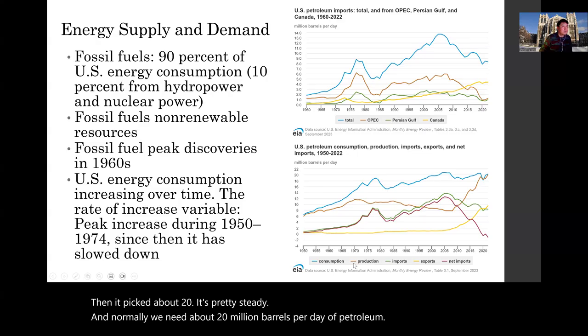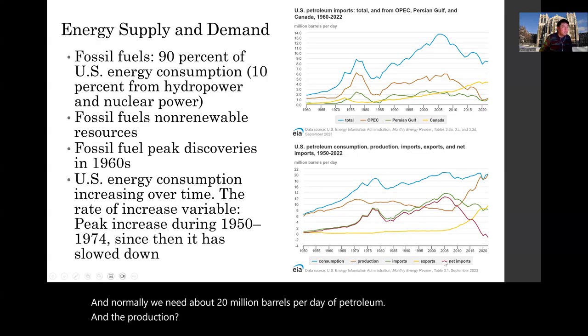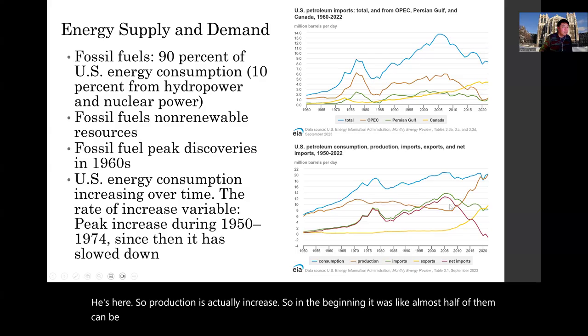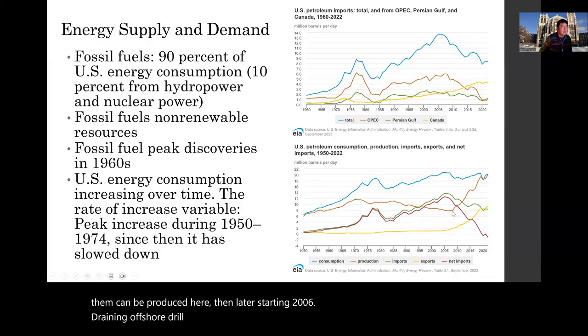And the production is here. Production actually increased. In the beginning, almost half could be produced here. Then starting in 2006, with drilling and offshore drilling, the production of fossil fuel in the United States increases.